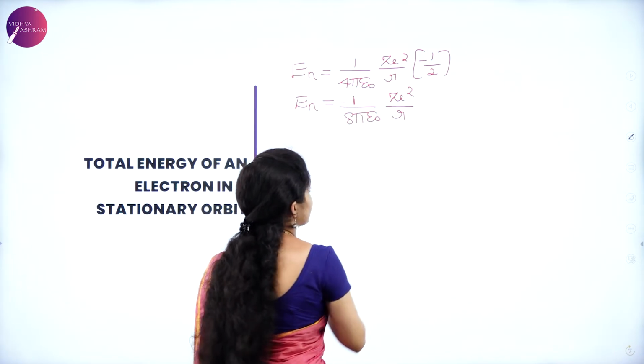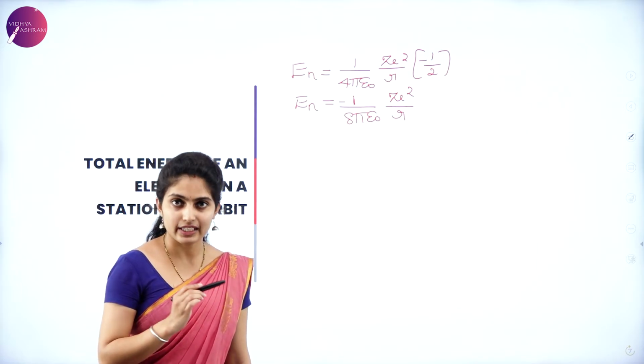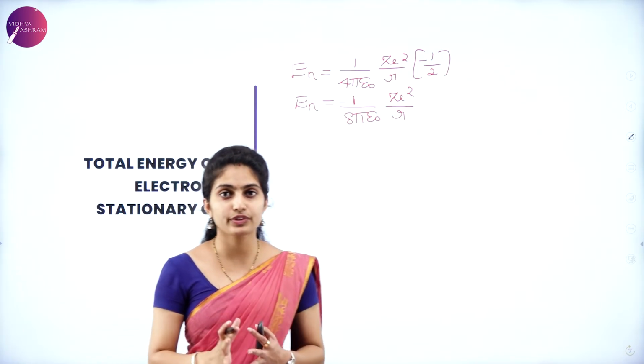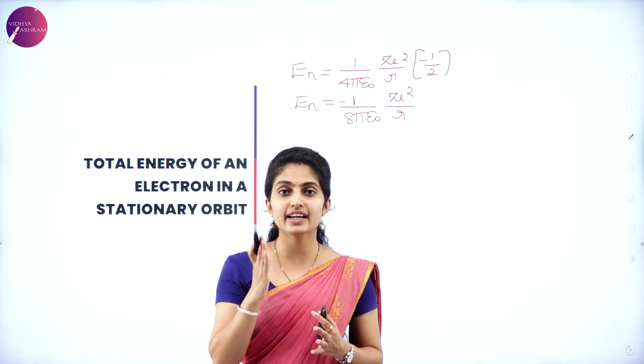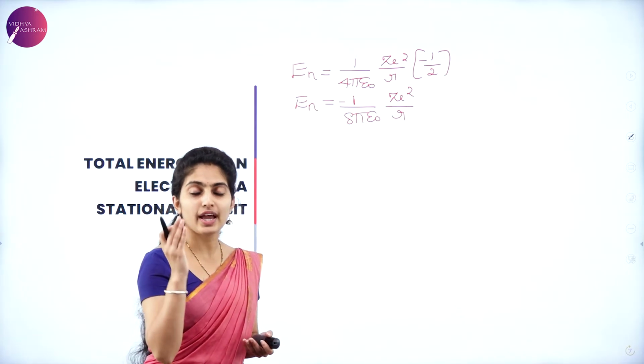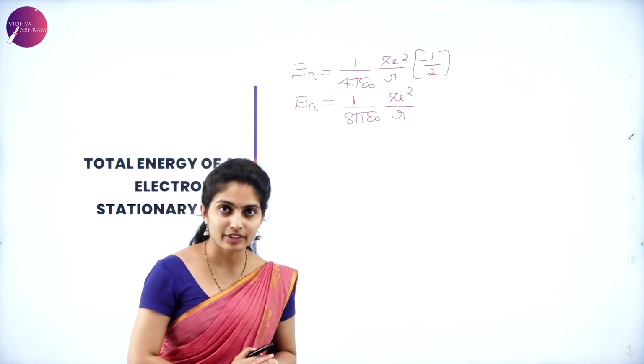So this is the total energy of an electron right now. And we know the radii of the electron which is moving in a stationary orbit; this derivation was discussed in the previous session.